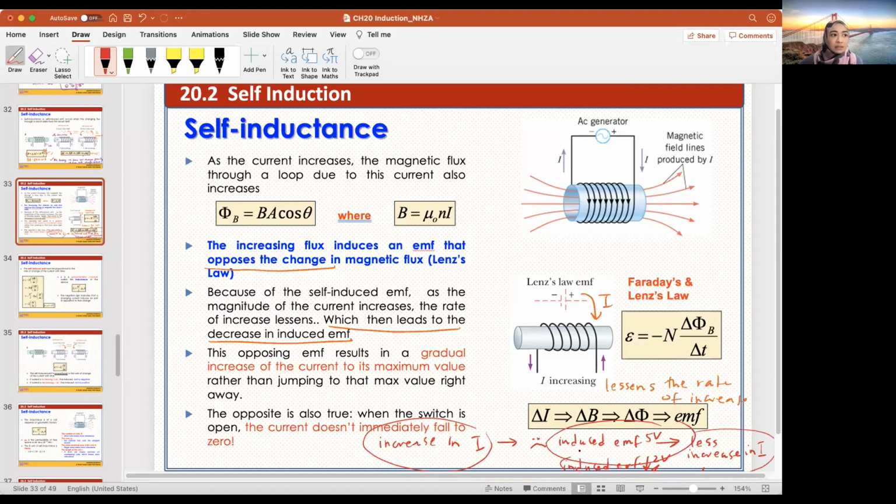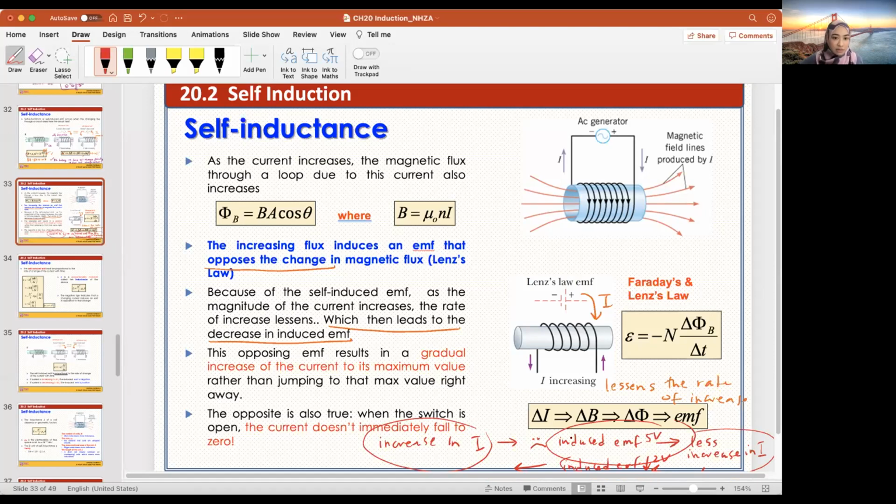There is more, actually. When the induced EMF decreases, the I continues to increase more slowly, and the increase rate continues to decrease. Earlier it rose 3.1, 3.2, 3.3, now it further reduces to 3.05, 3.1, 3.15.